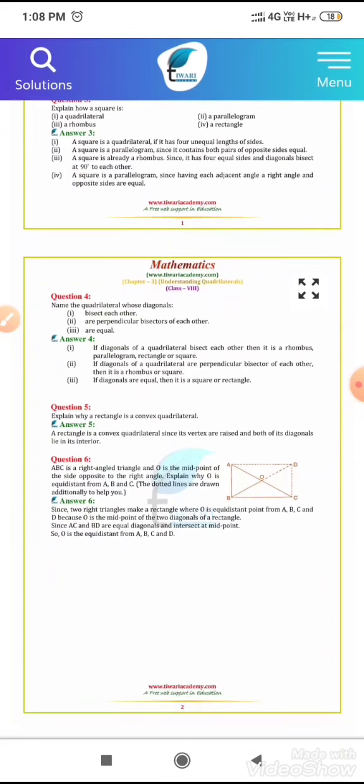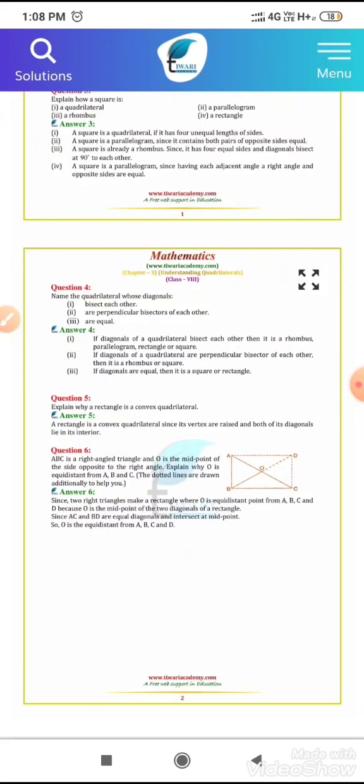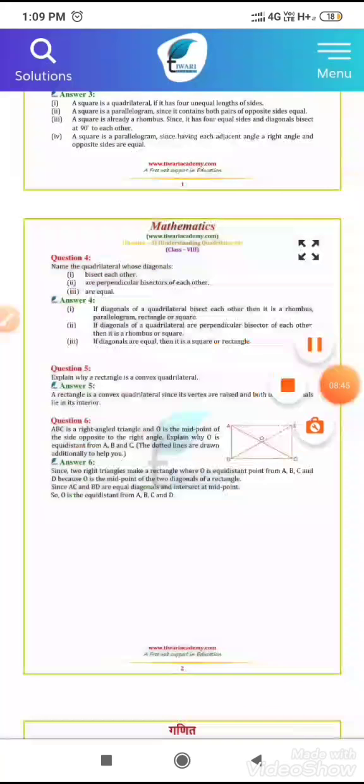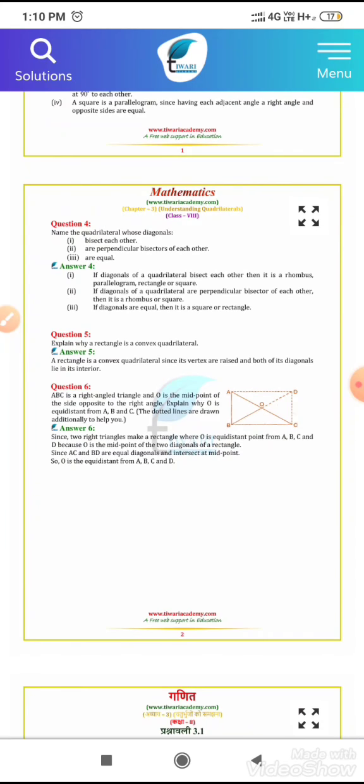So its answer is, since two right angles make a rectangle, O is the equidistant point from A, B, C and D, because O is the midpoint of the two diagonals of a rectangle, and AC and BD are equal diagonals and intersect at the midpoint. Therefore, O is equidistant from A, B, C and D.